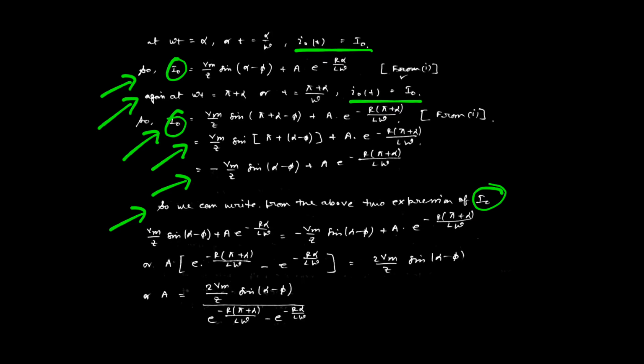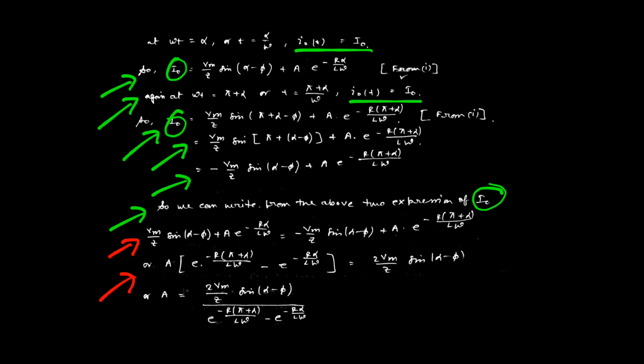That means we can write Vm by Z sin(alpha minus phi) plus A into e to the power minus R alpha by L omega should be equal to minus Vm by Z sin(alpha minus phi) plus A into e to the power minus R into (pi plus alpha) by L omega. After simplification, A into [e to the power minus R into (pi plus alpha) by L omega minus e to the power minus R alpha by L omega] should be equal to 2Vm by Z sin(alpha minus phi).